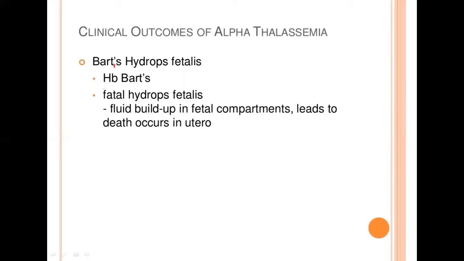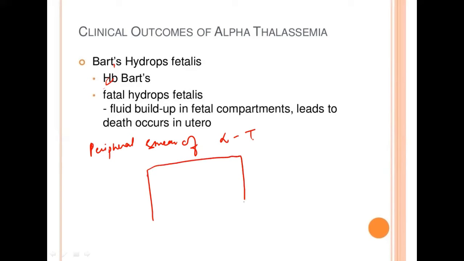Now come to the peripheral smear of alpha thalassemia. In the peripheral smear, there are variable shapes of RBCs. Now there is poikilocytosis. What do you mean by poikilocytosis? There are various shapes of RBCs, right?